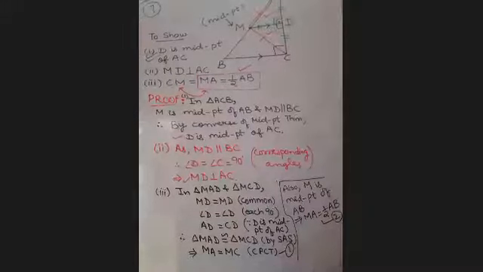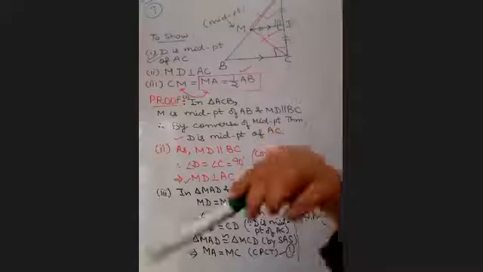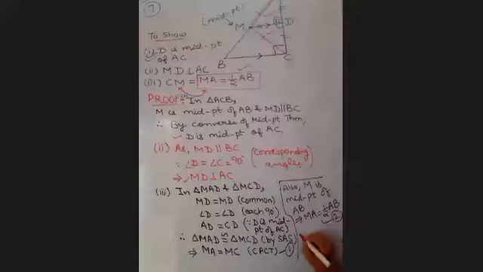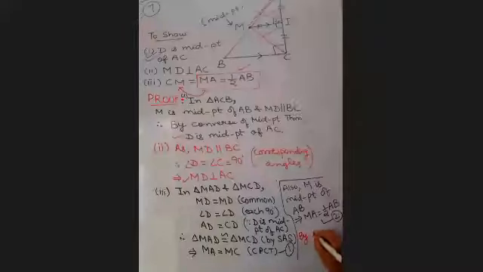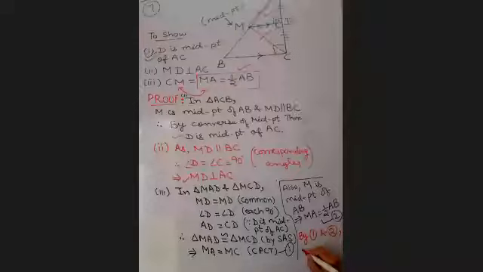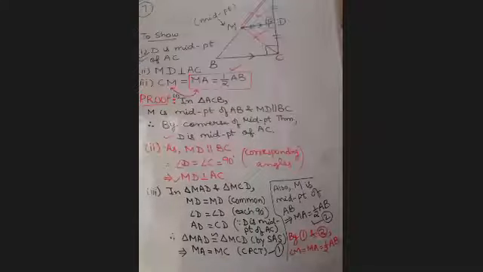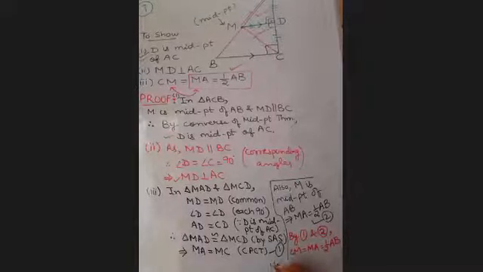So by 1 and 2, do we get the desired result, children? By 1 and 2, CM is equal to MA, which is equal to half of AB. Hence proved.